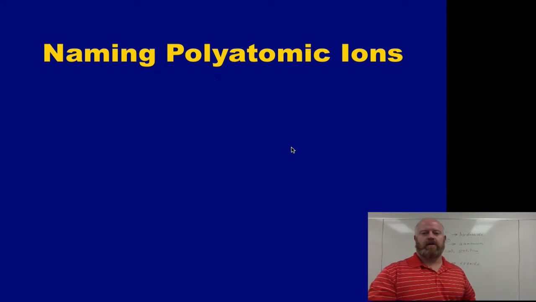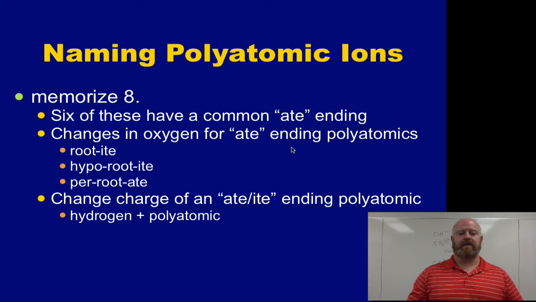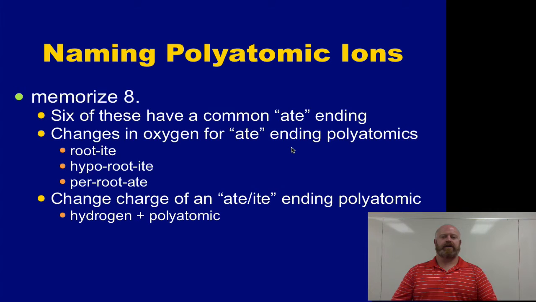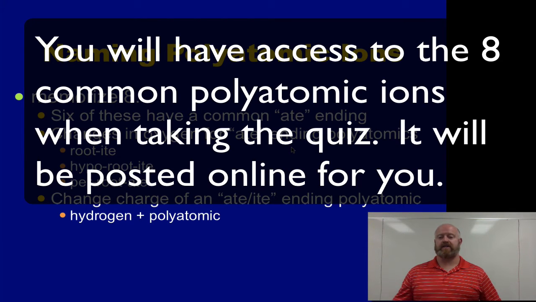Okay? Now, when it comes to polyatomic ions and naming them, we have to put 8 of them to memory. Okay? There really is no other way of doing it besides just purely memorizing these.